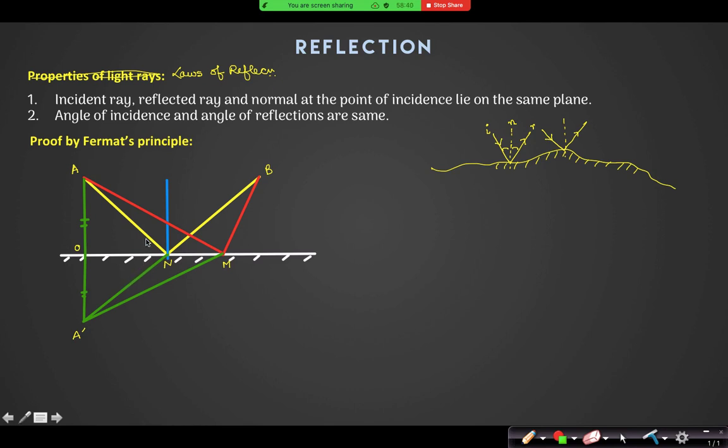If the laws of reflection are true here for this light ray, I have to assume this angle is theta and this angle is also theta. Right? So, in these two triangles, I can say this angle is 90 degrees, this angle is 90 degrees, this is the common side, and these two sides are also the same. Can I say that then this angle and this angle are also the same?